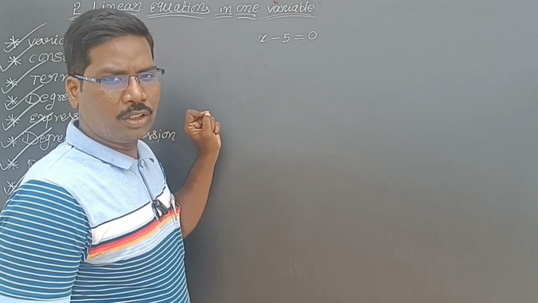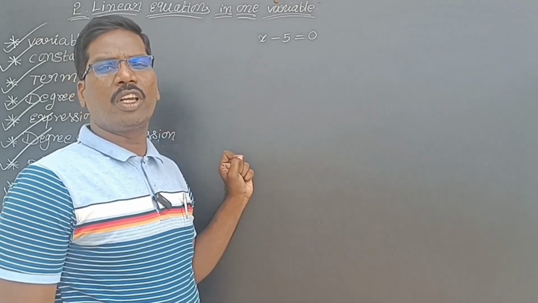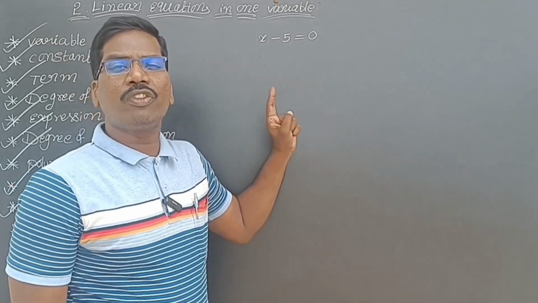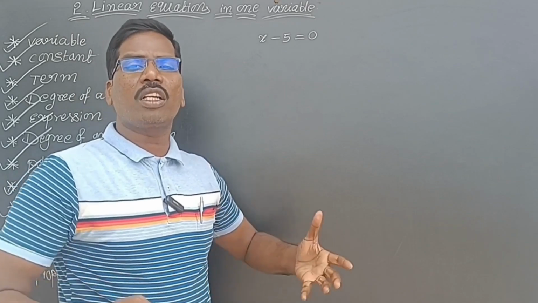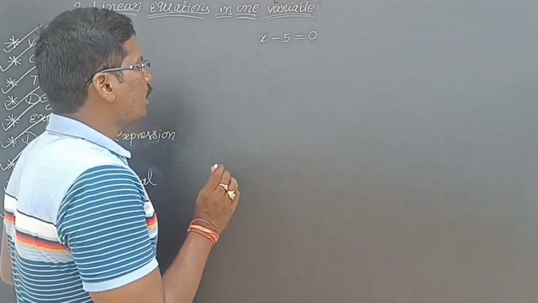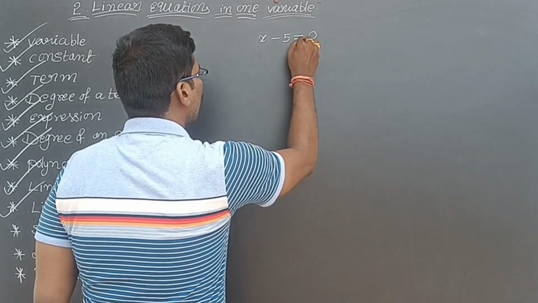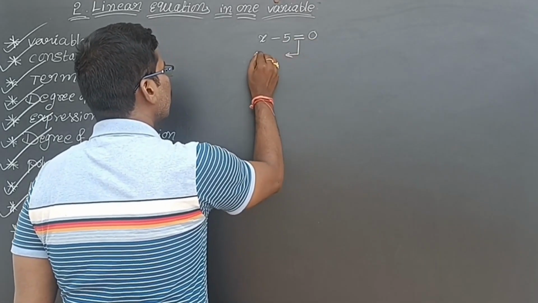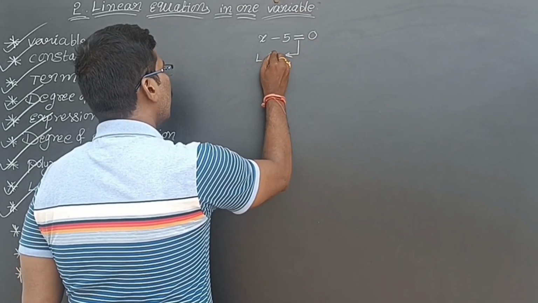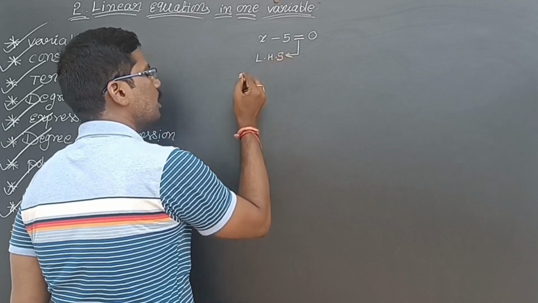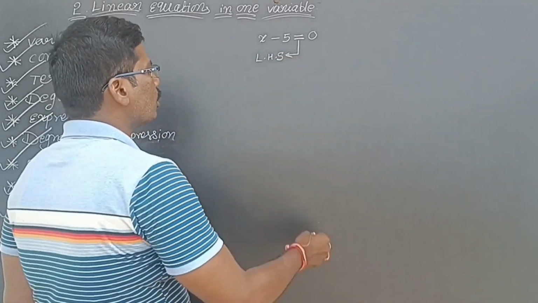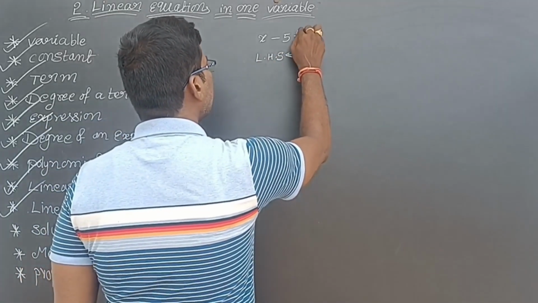The value I substitute for x should satisfy it. Here in the linear equation, whatever is on the left side is called the left-hand side, which was learned in 7th class. So in the linear equation, what is the right side?